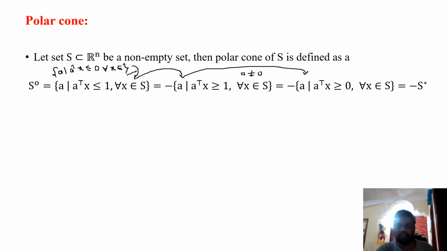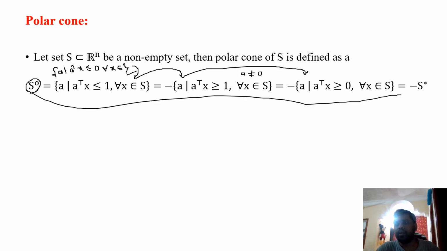So all these modifications lead to the polar cone S naught of a given set happening to be the negative of the dual cone of S.